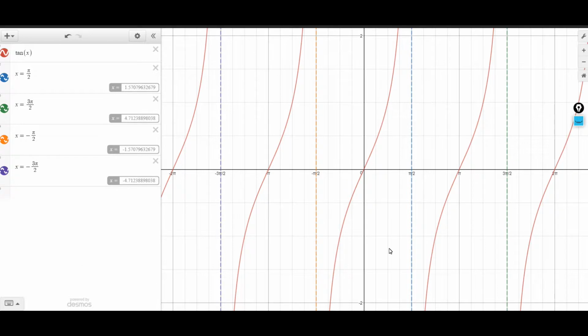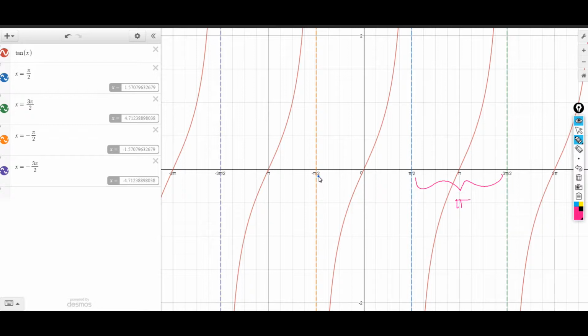Okay. So those are our asymptotes, and if you'll notice, they're all in very specific places. They're in pi over 2 fractions, and they're spread out by a value of pi.